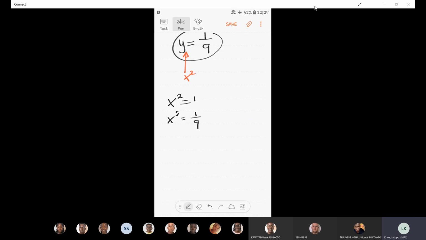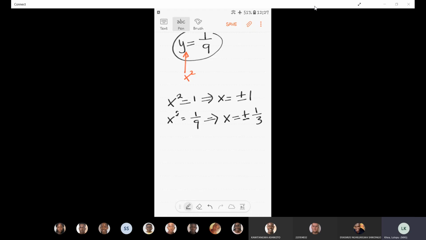Now, if x squared is equal to 1, this means that x is equal to plus or minus 1. And if x squared is equal to 1 over 9, this means that x is equal to plus or minus 1 over 3.